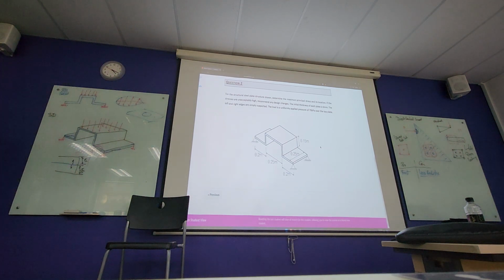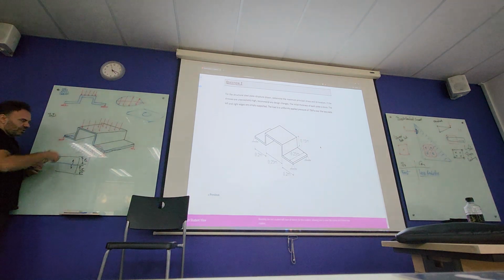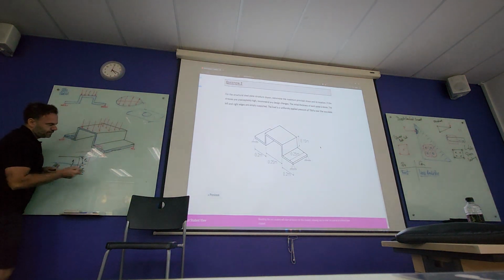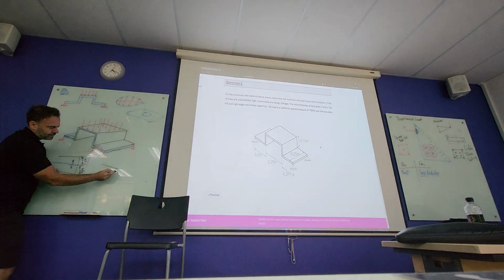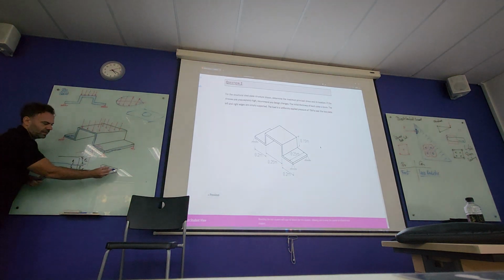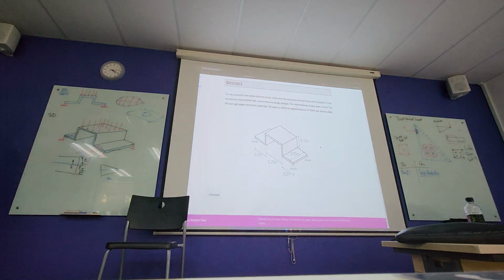If you've got a structure whose profile changes, for example, here it was 5 millimeters and here it was 15, going on a slope like this, we would not be able to model it as a shell. This would not work.